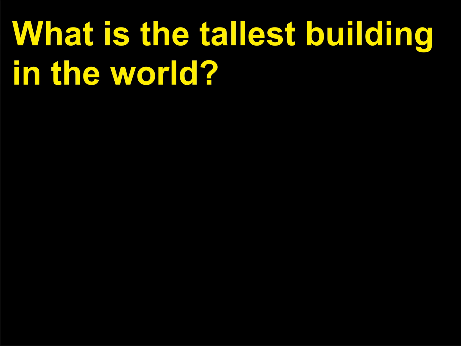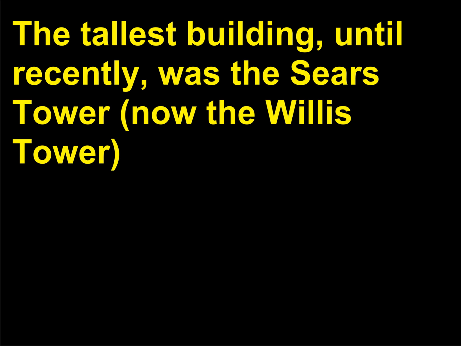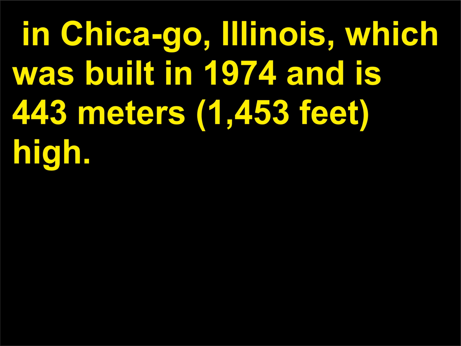What is the tallest building in the world? The tallest building, until recently, was the Sears Tower, now the Willis Tower, in Chicago, Illinois, which was built in 1974 and is 443 meters, 1,453 feet, high.